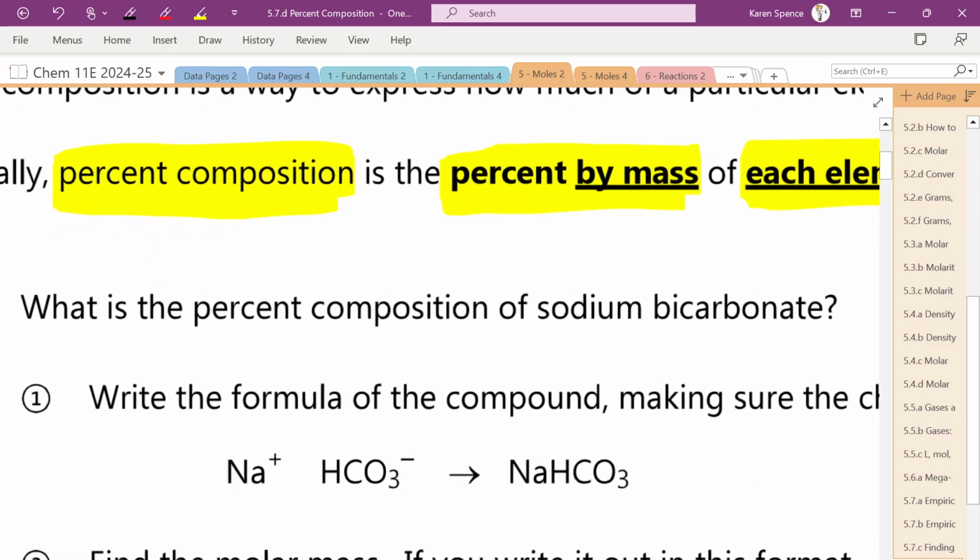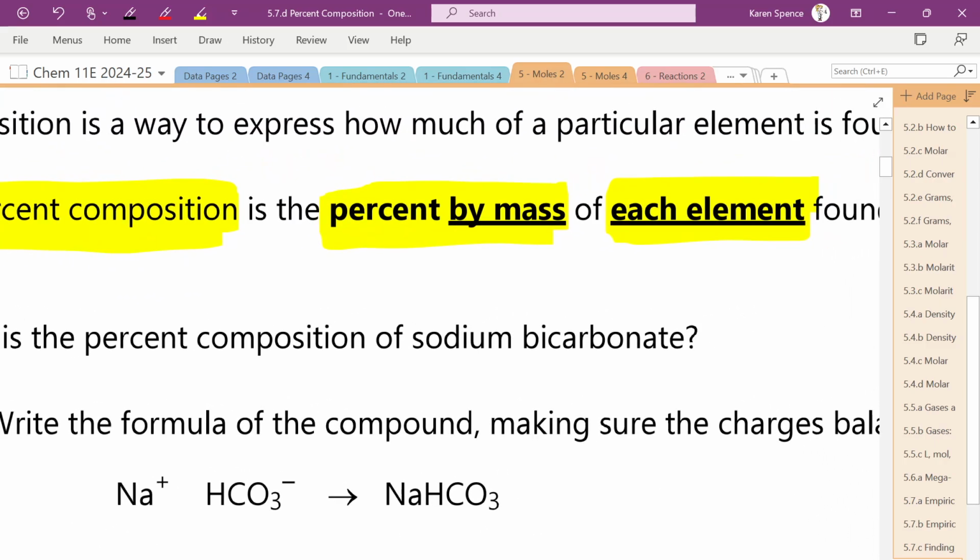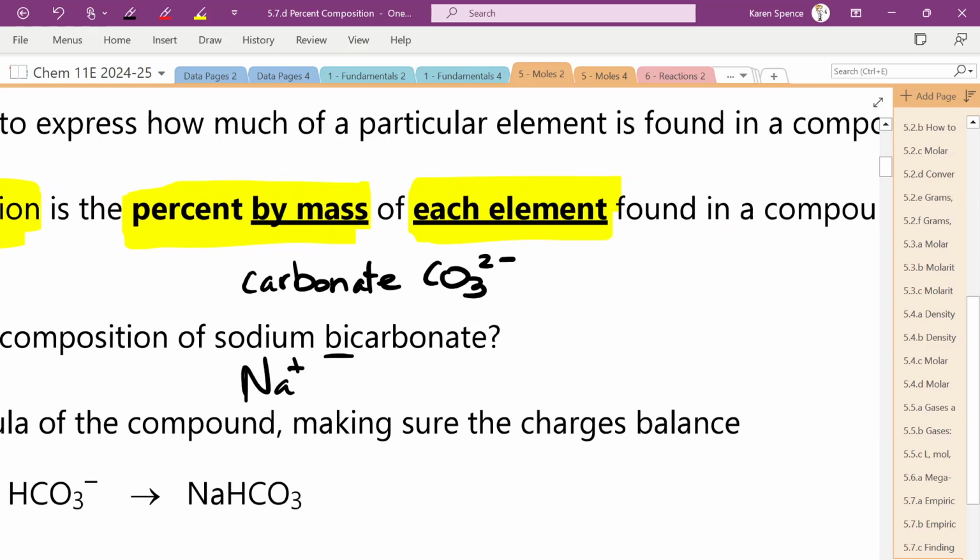So what is the percent composition of sodium bicarbonate? You need to be able to write the formula for sodium bicarbonate. Do you guys know what the prefix bi means? You would think it means 2, but when we're talking about polyatomic ions, it means add an H. So carbonate is CO3 2 minus.